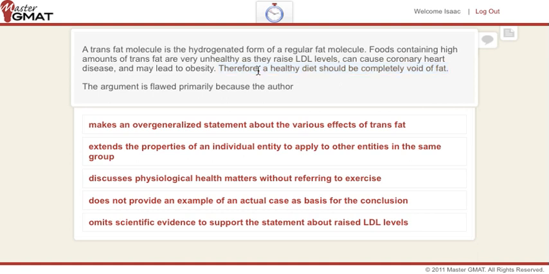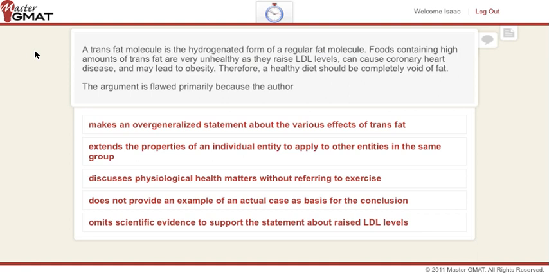We have the word "therefore," which signals a conclusion, and also "should," which is a recommendation word, which also signals conclusion. So we know that that's the conclusion. So this conclusion here, "therefore a healthy diet should be completely void of fat," is completely based on the above premises.